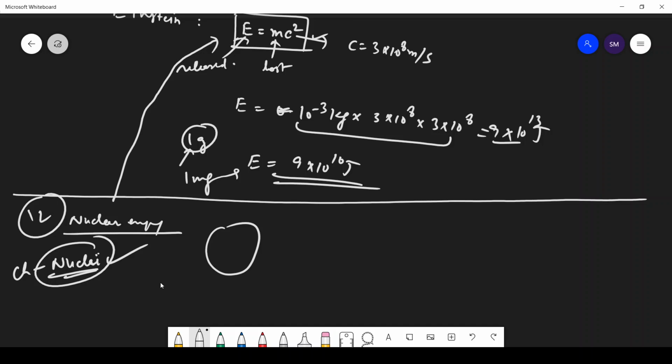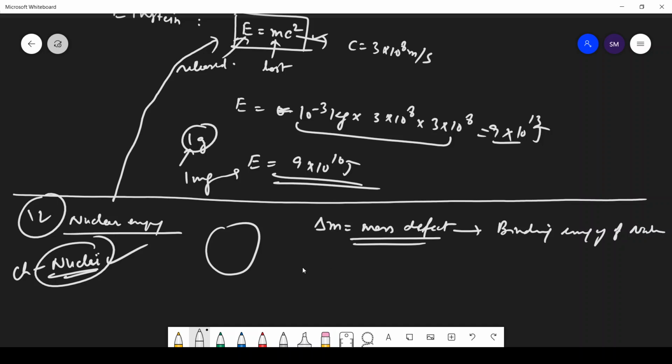So students, let me give you a very simple example about this mass lost. I also call it delta M, that is mass defect, and that is actually the binding energy of the nucleus. See, hydrogen has 1 proton and 1 electron.